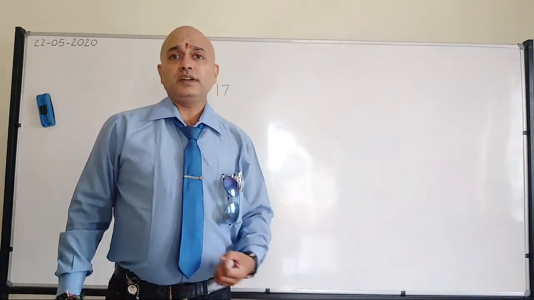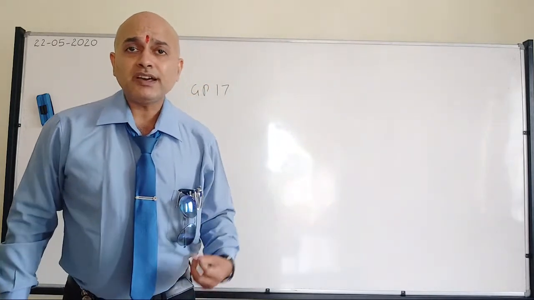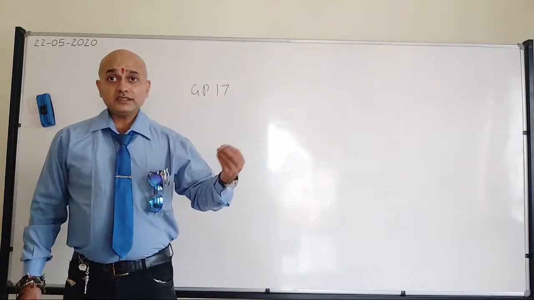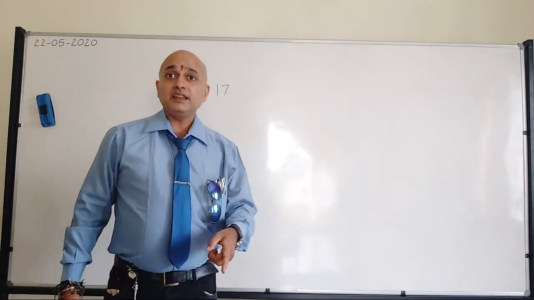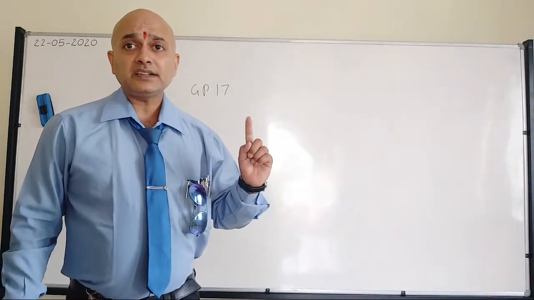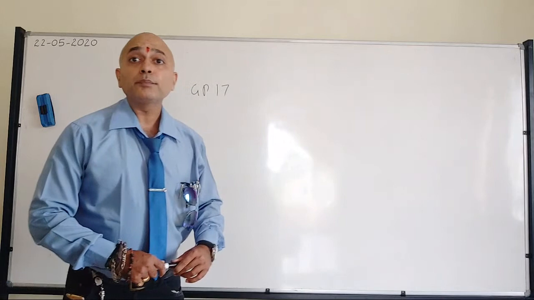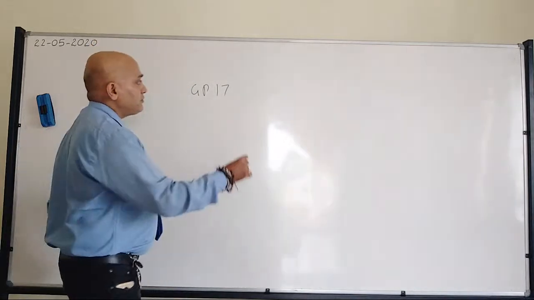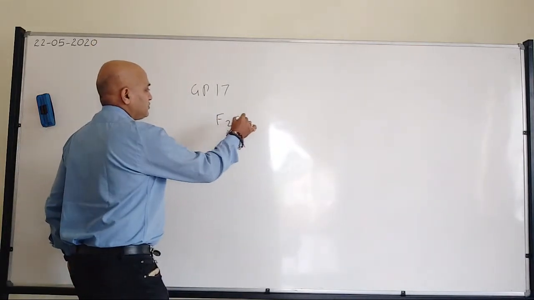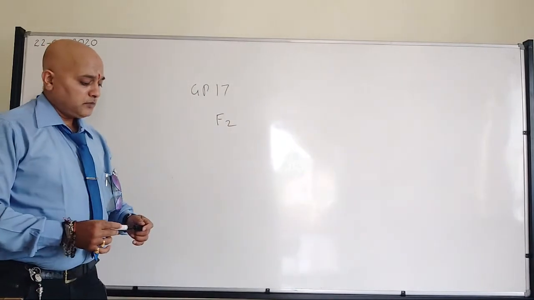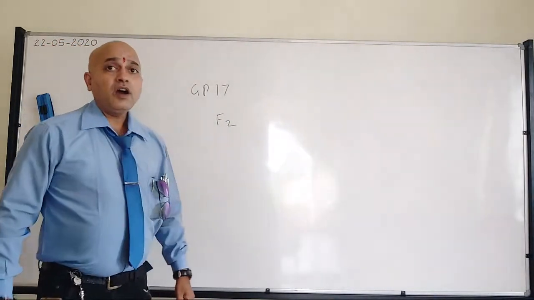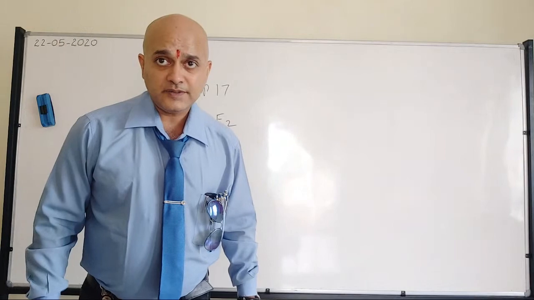How is it possible? When it comes to electron gain enthalpy, chlorine is going to dominate, but still when it comes to oxidizing character, fluorine is going to dominate. And now I am talking about the fluorine molecule being highly oxidizing in nature.